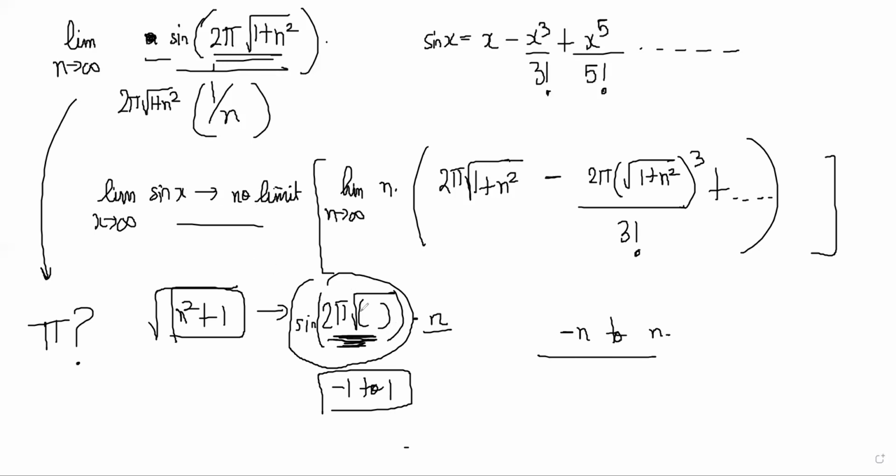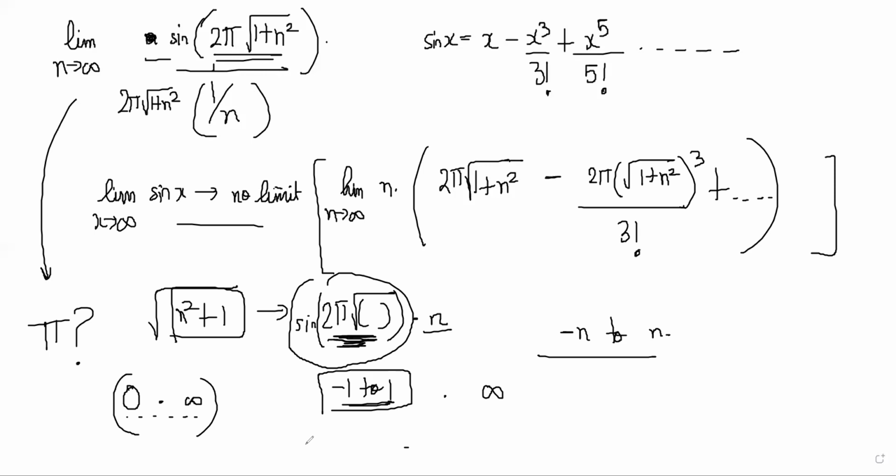If it was something tending to 0, then maybe it could be finite, since something tending to 0 into something tending to infinity can be finite. But something between -1 to 1 multiplied by infinity, which is never 0, I doubt that it can be finite, or any particular value. How will you figure out what particular value it is?